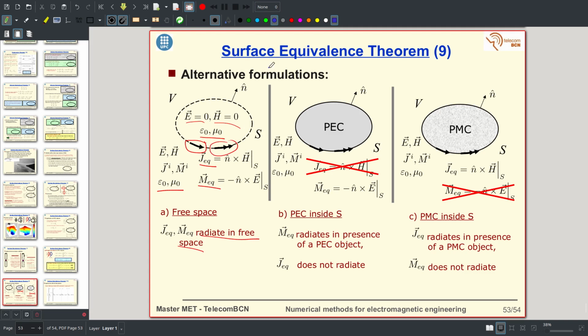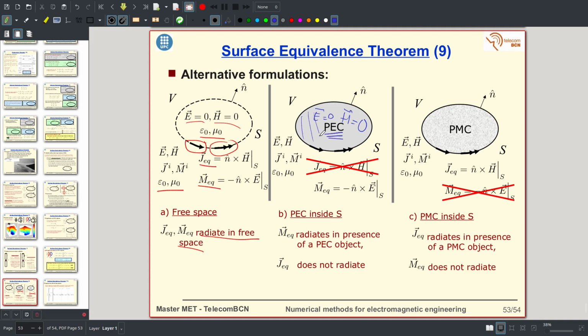We can do a second formulation, formulation B. Since we have zero fields inside S, we can put anything inside S that does not perturb the fact that fields are zero inside S. So we can fill S with a perfect electric conductor.